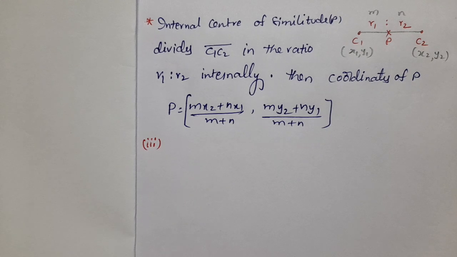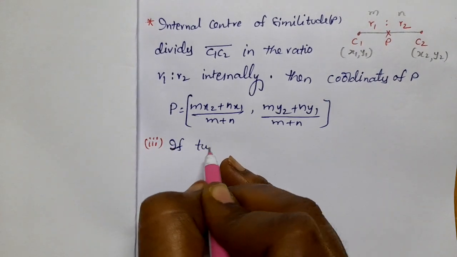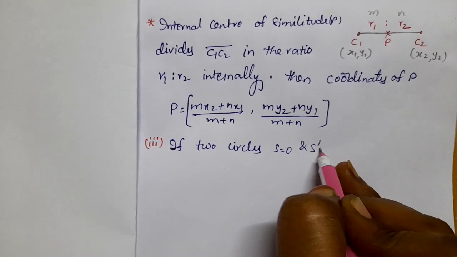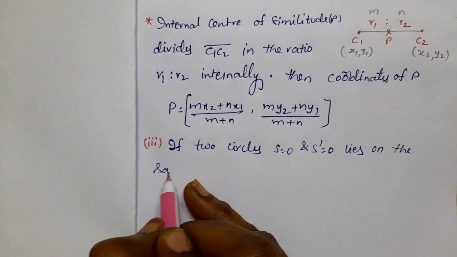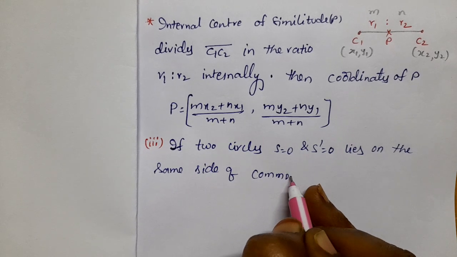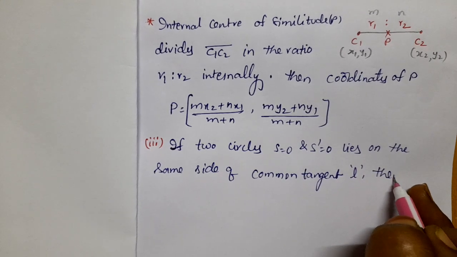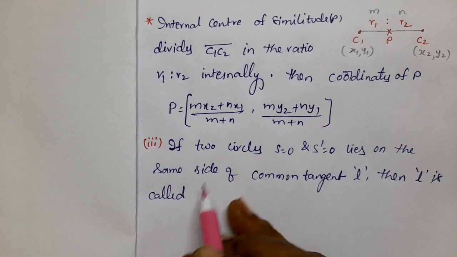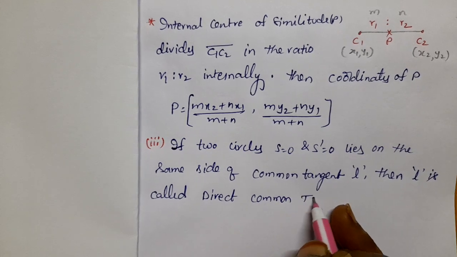Next, the third one. If two circles S equal to 0 and S dash equal to 0 lie on the same side of the common tangent L, then L is called a direct common tangent.